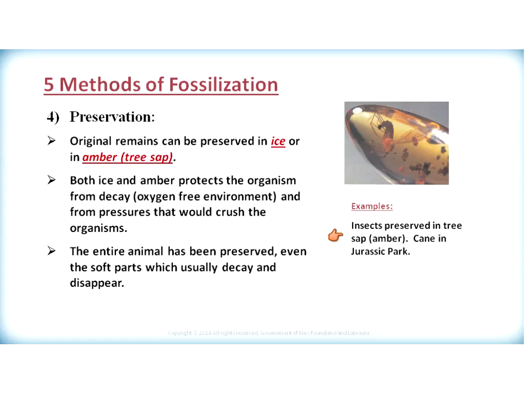Insects preserved in tree sap, such as amber, were the fundamental principle behind the movie Jurassic Park, where the old man's cane was made out of amber, and it had a fossilized insect from which they took blood to replicate the DNA to make dinosaurs.